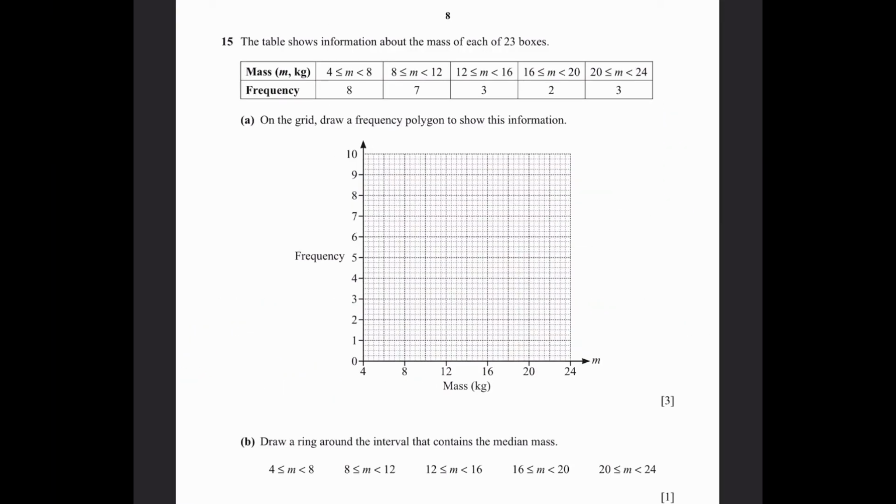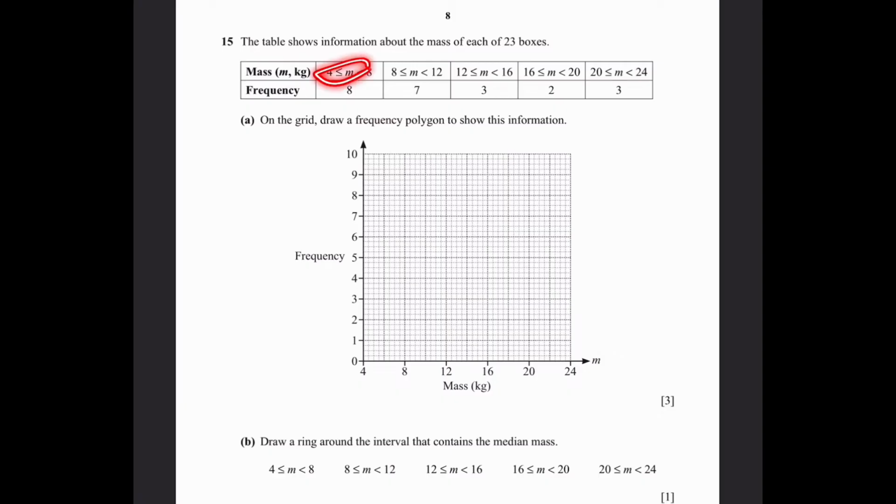The table shows information about the mass of each of 23 boxes. The mass in kilograms is shown over here. Part A. On the grid, draw a frequency polygon to show this information. Well, first we have 4 to 8 kilograms as the mass. Well, on the grid we have to draw a frequency polygon. So where do we place the dot to start the frequency polygon?